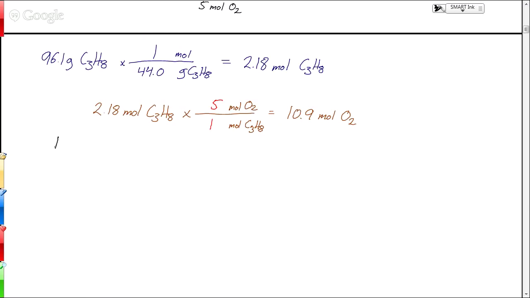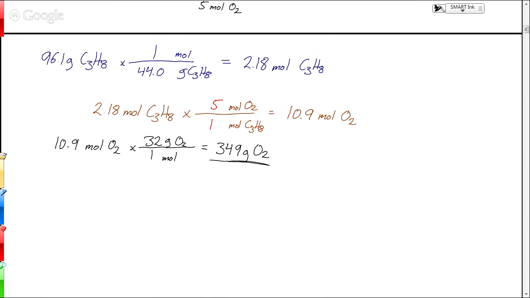So we're going to take 10.9 moles of oxygen. We're going to find that there are 32 grams of oxygen in 1 mole. And that's going to give us 349 grams of oxygen as our final mass. So we need 349 grams of oxygen exactly to react with those 96.1 grams of propane.